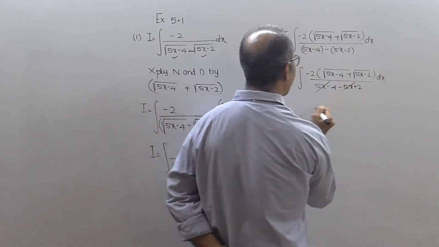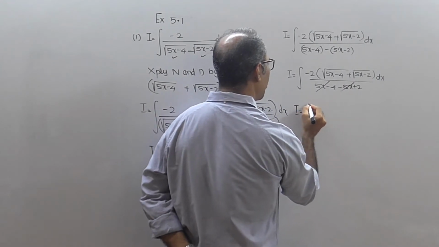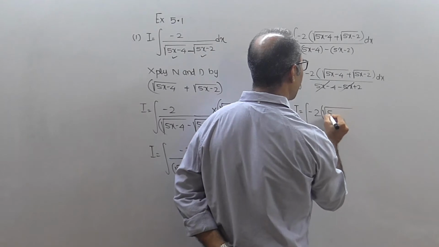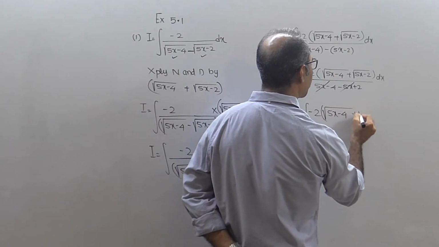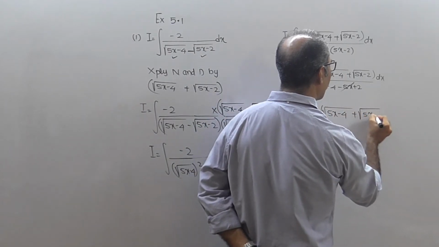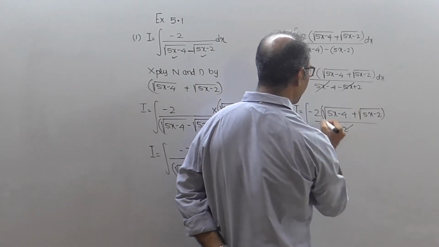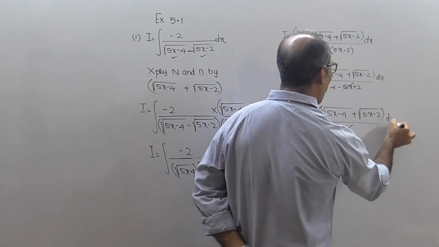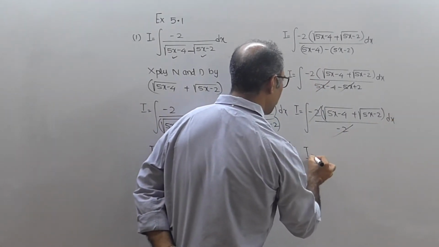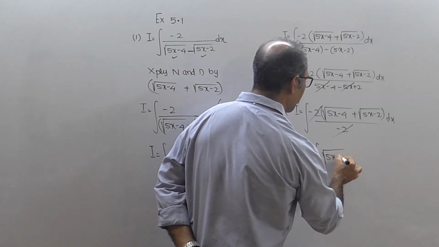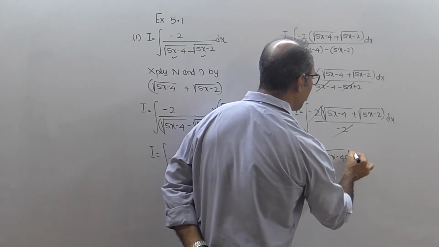So 5x gone. I hope you should have I equal to integration minus 2 inside the bracket root of 5x minus 4 plus root of 5x minus 2, and this is minus 4 plus 2, which is minus 2. Minus 2 cut. So what will remain? Integration root of 5x minus 4 dx.